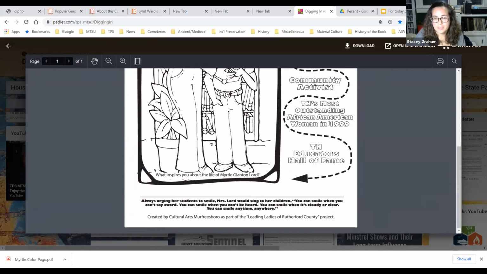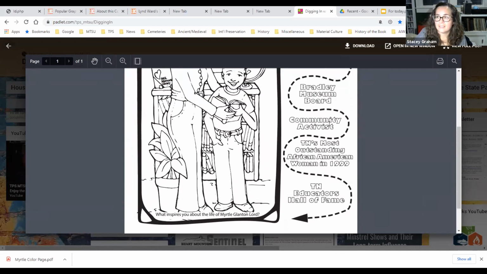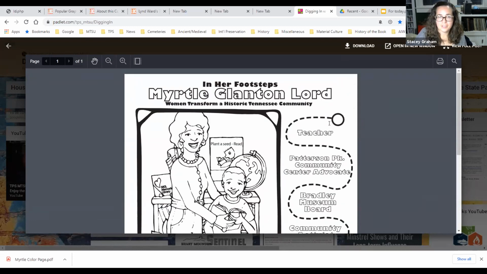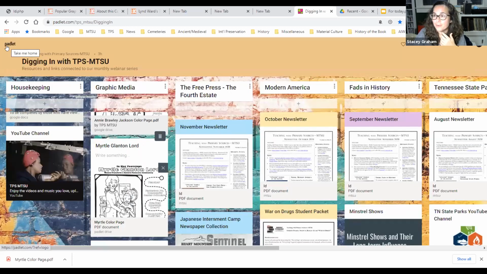Some of her accomplishments, a quote, and then again the citation. So those are available for you. There are 3 examples of this in the Padlet that you can find.